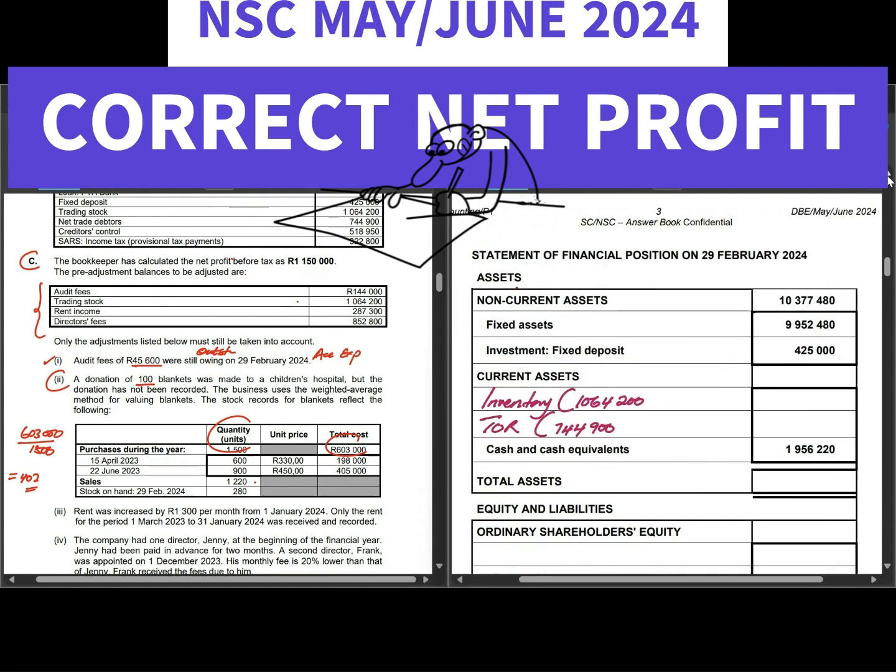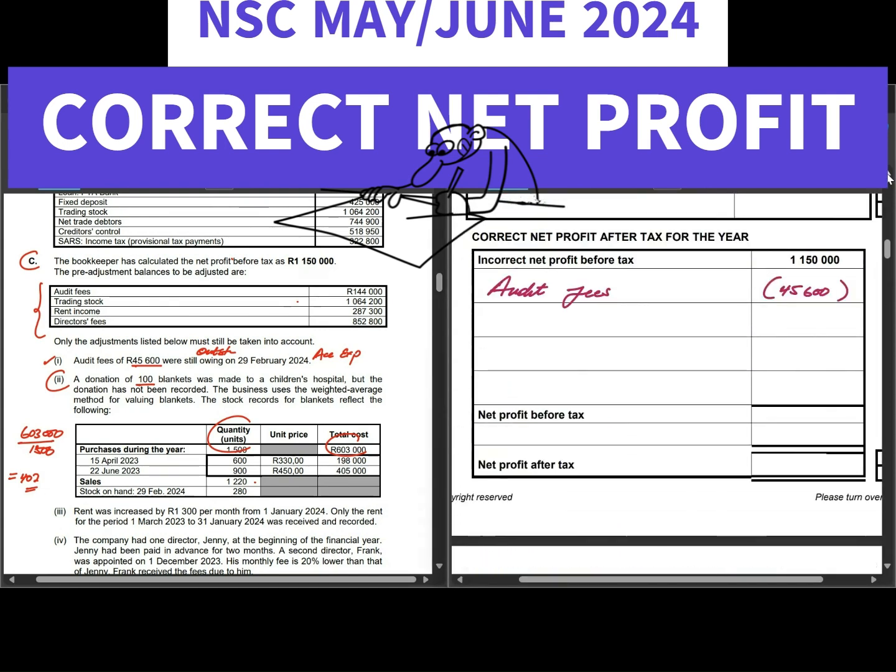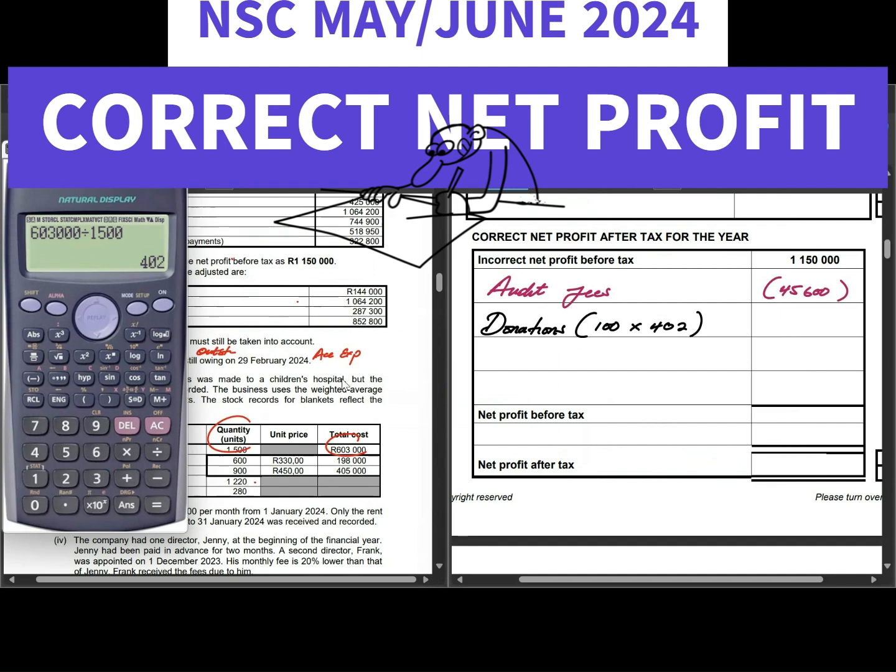That means I now have an expense that I must record here. So I'm coming here to now say donations. All right, and then I'm going to say I have donated 100 blankets, and each one is a weighted average of 402. So on my calculator, I'm now going to say 402, multiply that by 100.